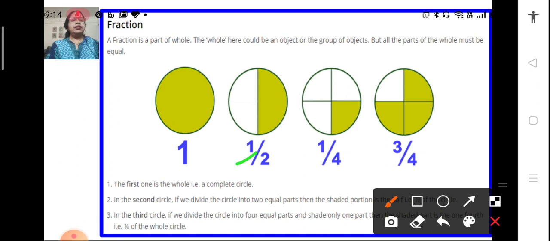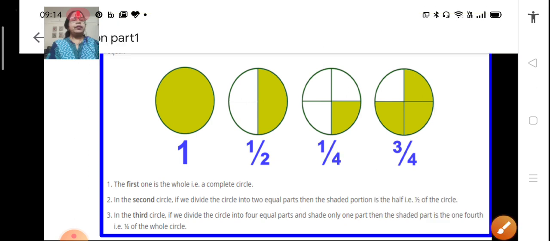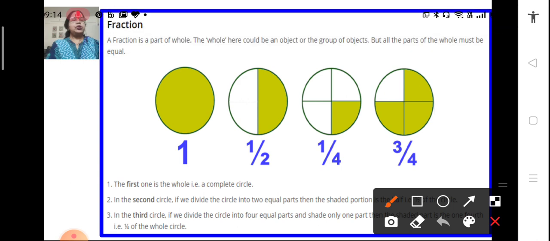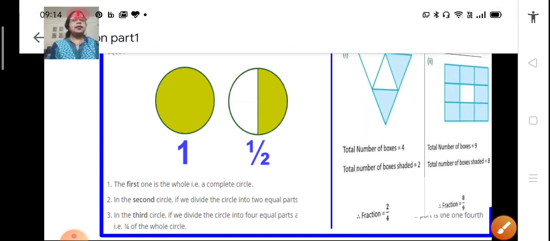In the third one, the shaded portion is 1 out of 4. It is divided into 4 equal parts. The shaded portion is 1 upon 4. Then in the last one, there are 3 shaded parts out of 4. So the fraction is 3 upon 4 or 3/4. So this is how we represent the fractions.